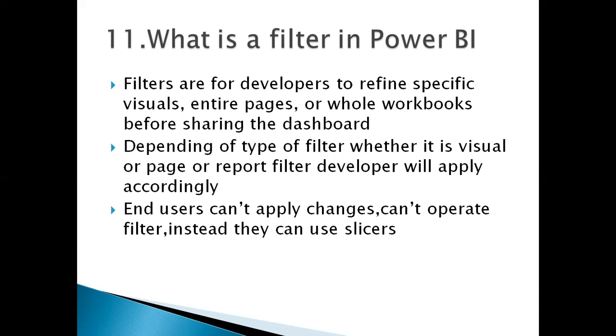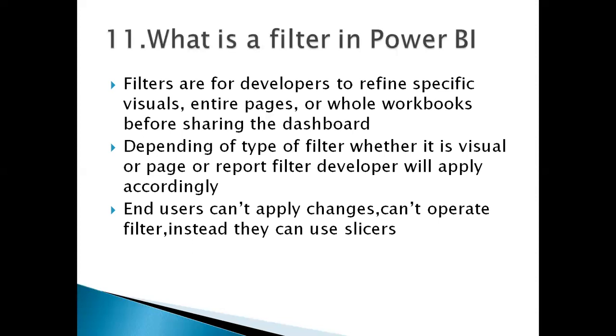Filters means you use the filter pane to import the data. After that, you make changes to the data, like applying visualizations and conditional formatting in the filters pane. There will be different types of filters, and the developers will select whether it is report, visual, or page, and apply accordingly.